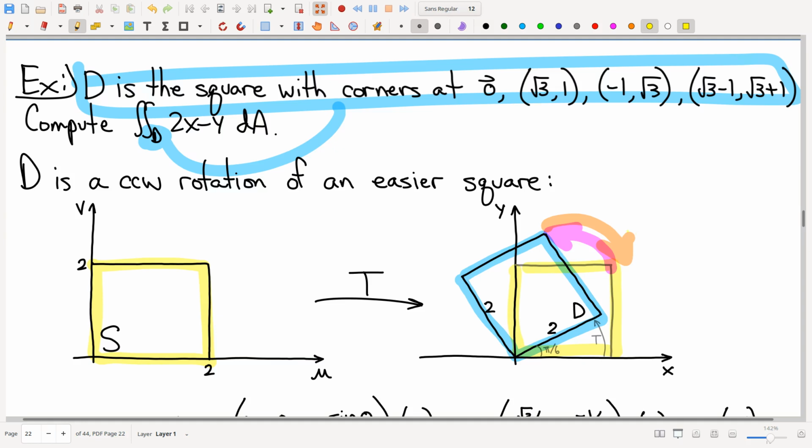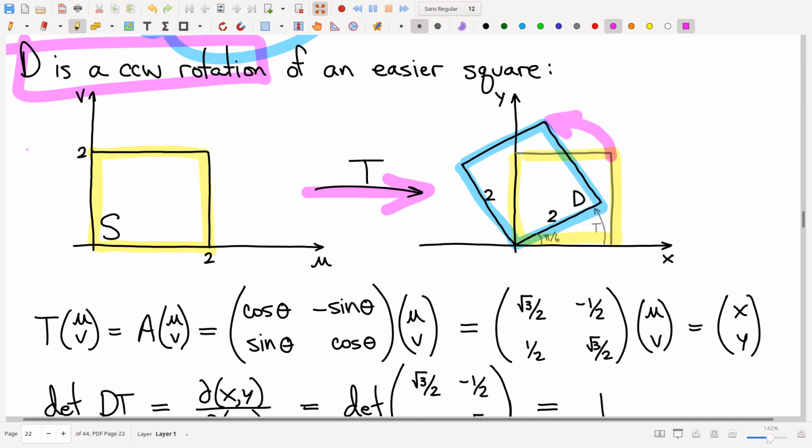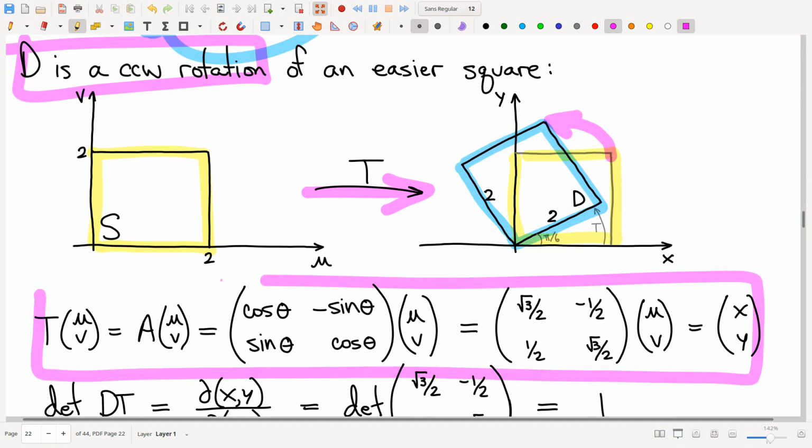So with that in mind, let's see here. There we go. So my change of variables function there is a counterclockwise rotation. And now here's where I'm going to wave my hands at some linear algebra, Math 219. I've made reference to this stuff several times in the past, and it's really important to make sure that you're really good at this kind of thing.